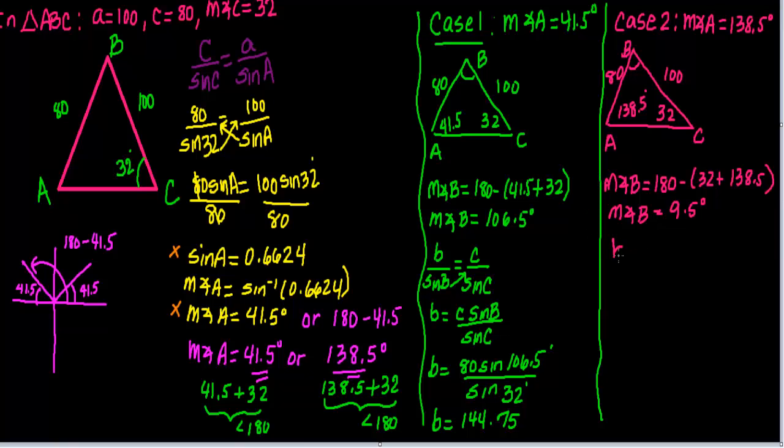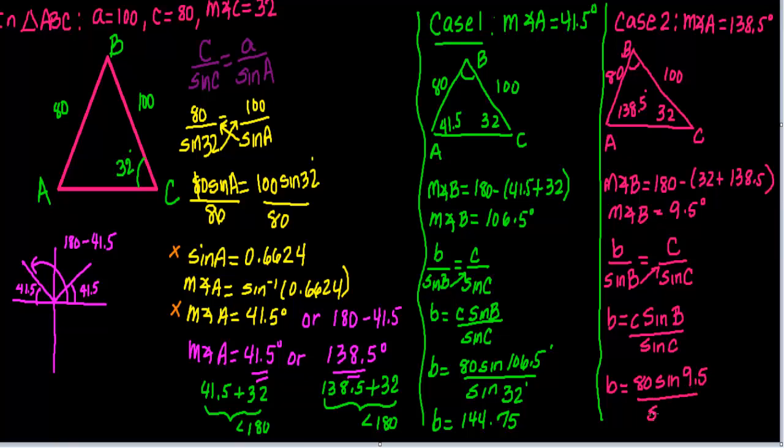So for side b, b over sine of B equals c over sine of C. If I cross multiply here, b will equal c sine of B over sine of C, and b will equal c, which is 80, times the sine of angle B, which is 9.5, divided by the sine of C, which is 32.